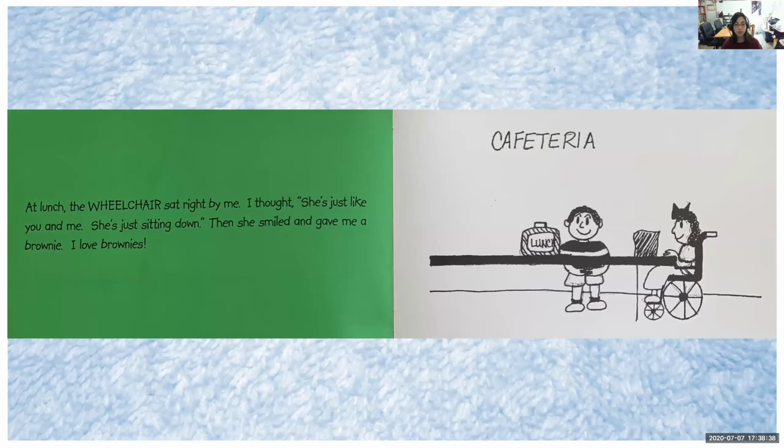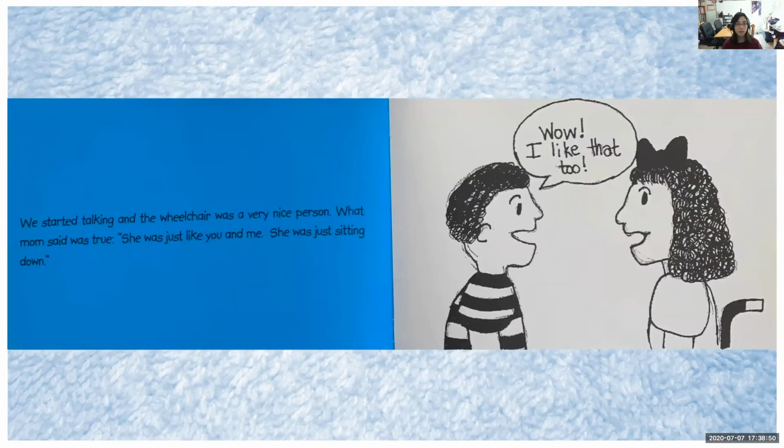At lunch, the wheelchair sat right by me. I thought, "She's just like you and me. She's just sitting down." Then she smiled and gave me a brownie. I love brownies. We started talking, and the wheelchair was a very nice person. What Mom said was true. She was just like you and me. She was just sitting down.